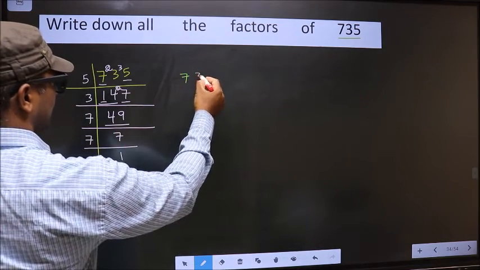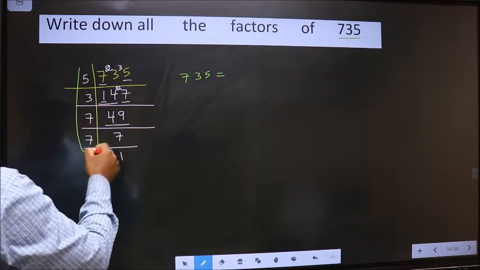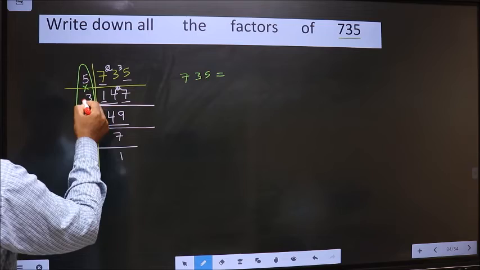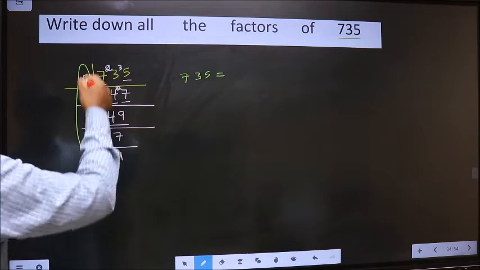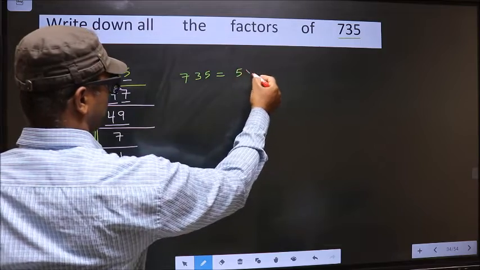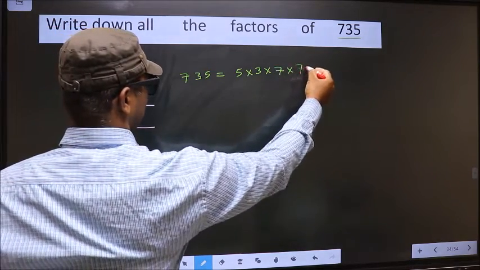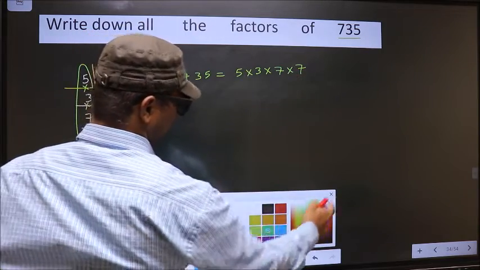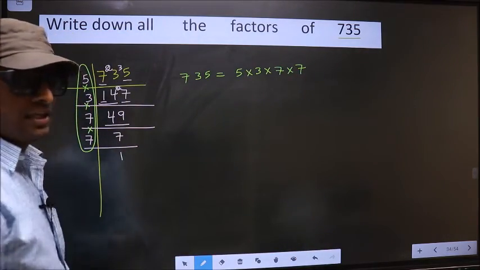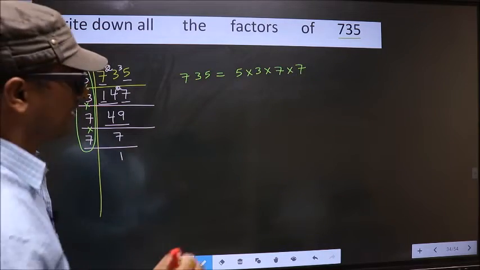Now 735 is equal to the product of these numbers, that is 5 into 3 into 7 into 7. Now let us write down all the factors of it.